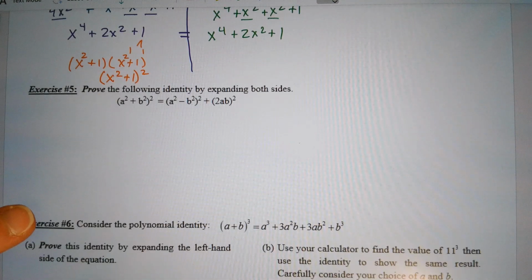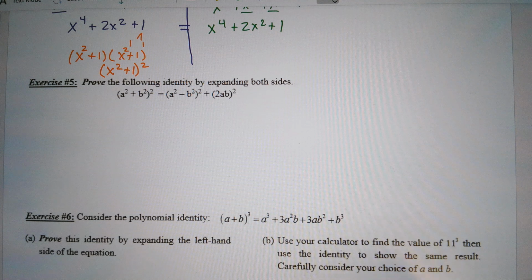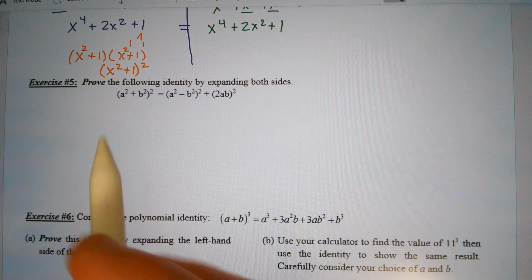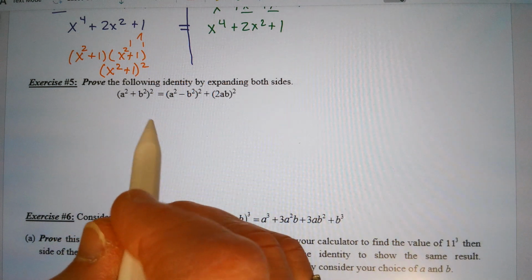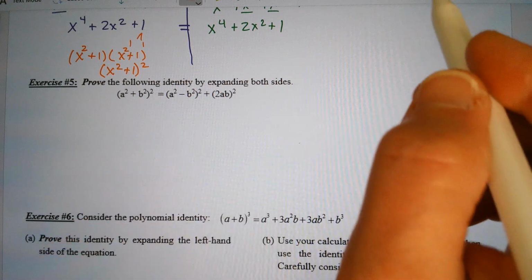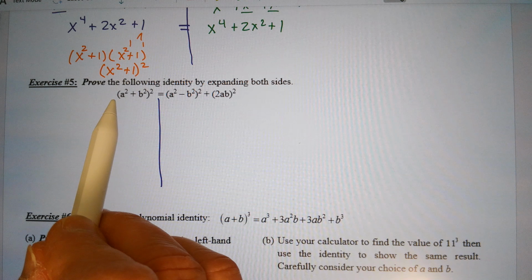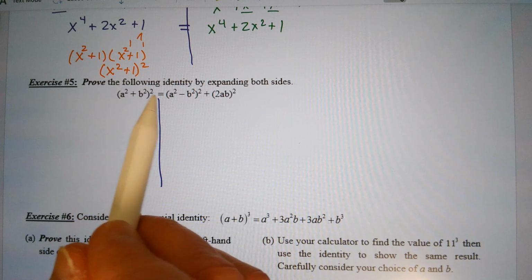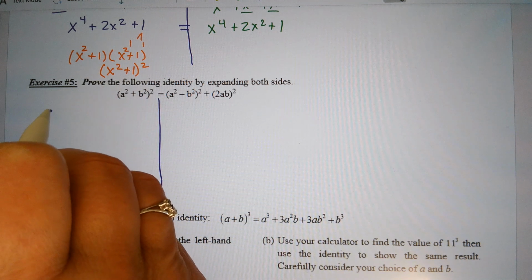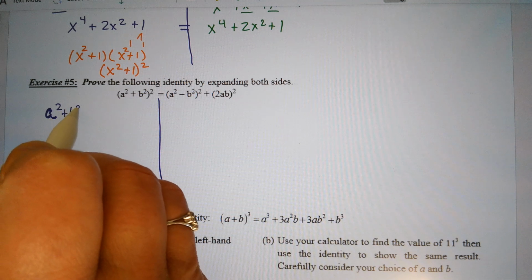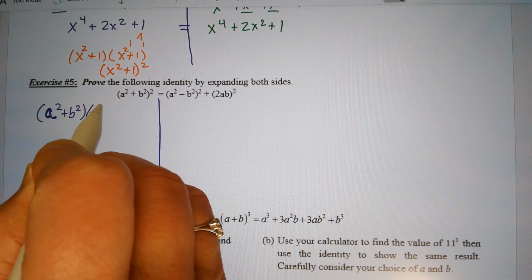And going back to number 5, prove the following identity by expanding both sides. A squared plus b squared, squared. That means a squared plus b squared times a squared plus b squared.